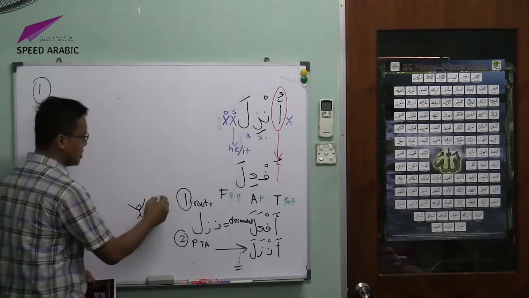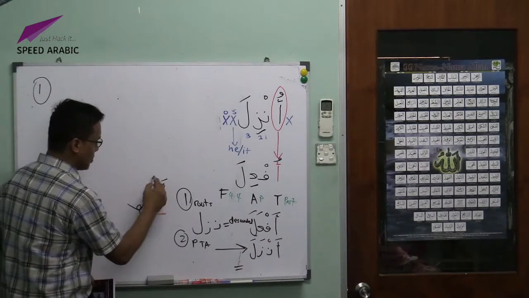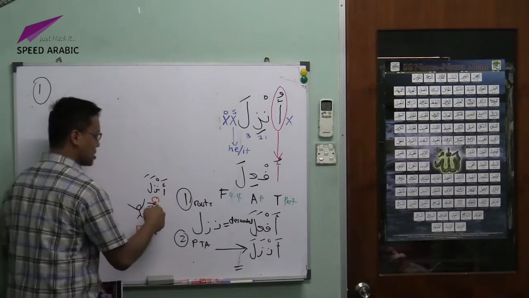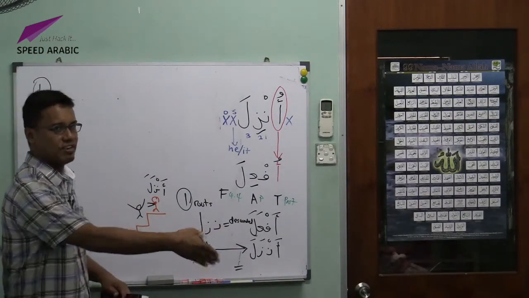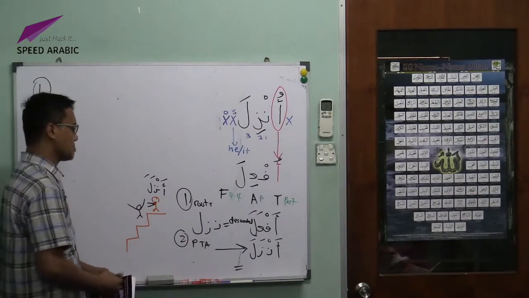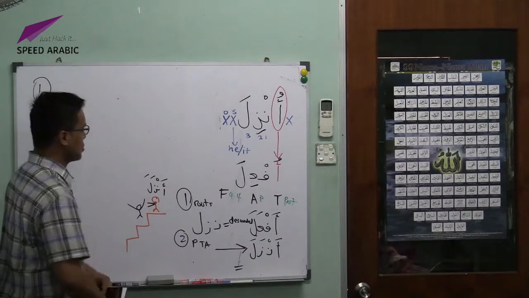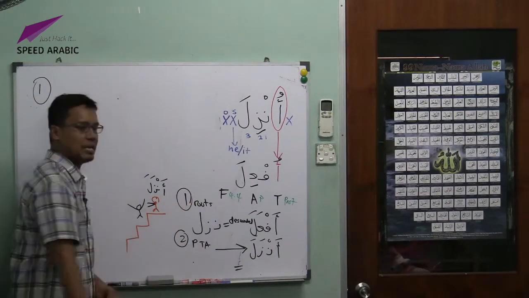So this is anzala, because he caused him to descend. So it's called transitive. There is an object that is descended. That is the difference between the root meaning and the PTA meaning.